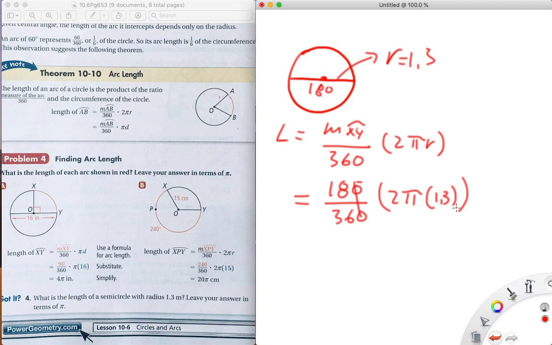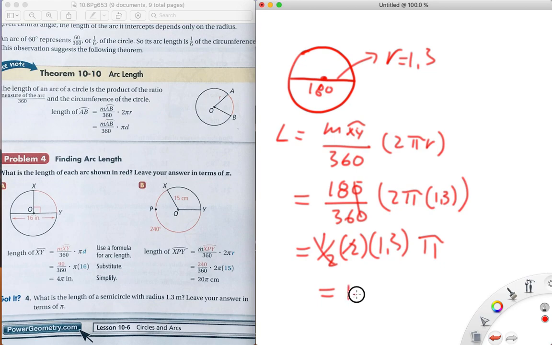So when I do the math, it's 1/2. They want the answer in terms of pi. They said to leave your answer in terms of pi. So this is going to be 1/2 times 2 times 1.3 times pi. 2 times 1.3 cancels out.